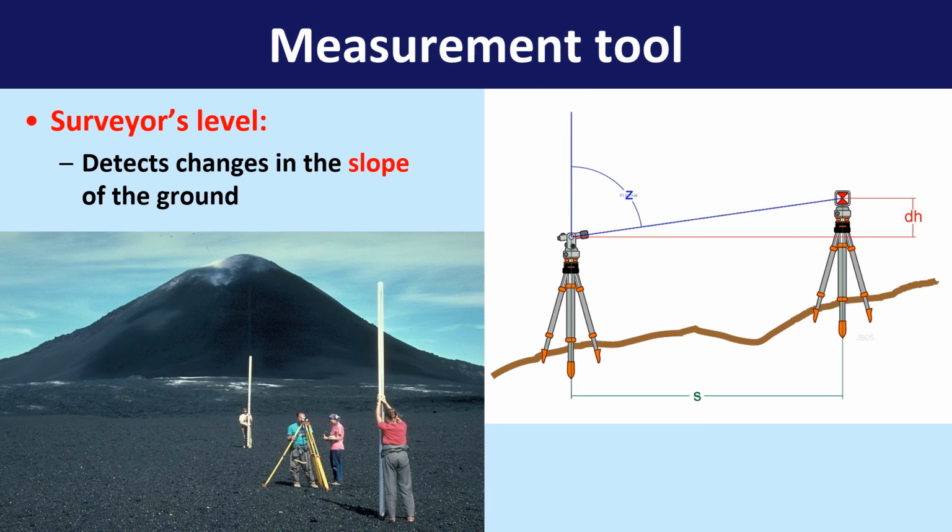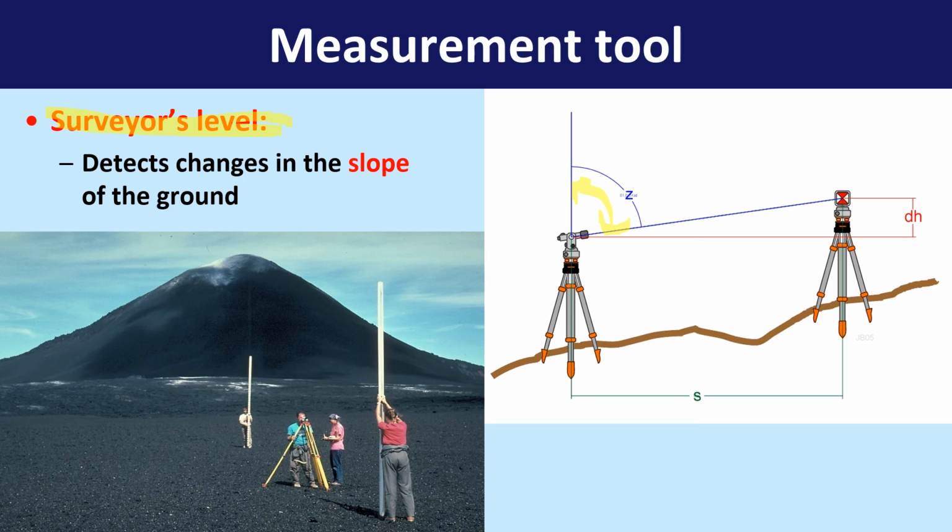What about a measurement tool? Sometimes you see this on road construction. It's very similar: a surveyor's level. It's basically used like a protractor, if you will. It measures how much the angle has changed because of volcanic activity.